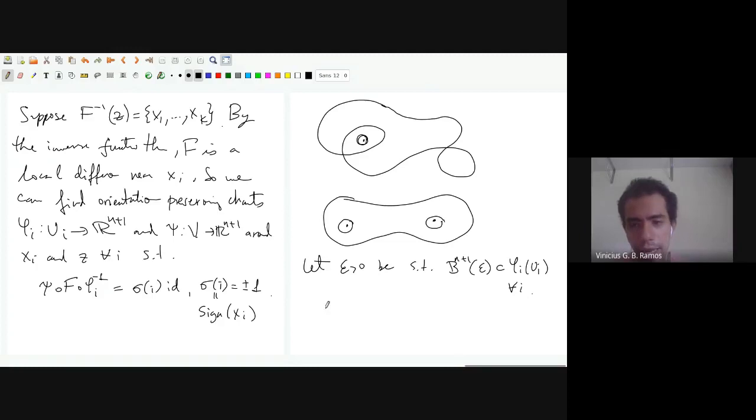So now I can look at the pre-image of this ball. And actually, I'm going to look at the following manifold: D minus all of these guys.